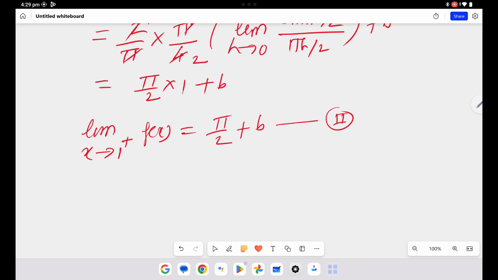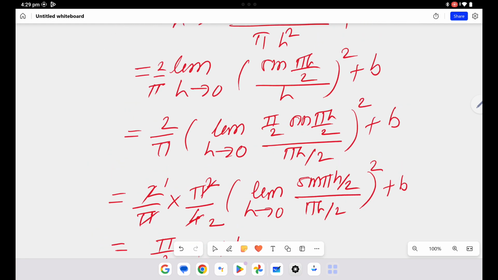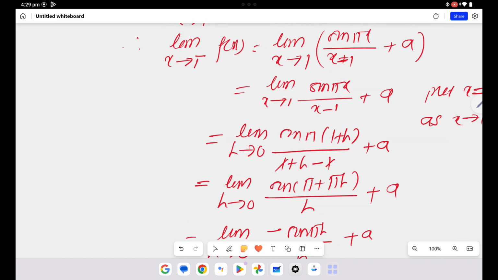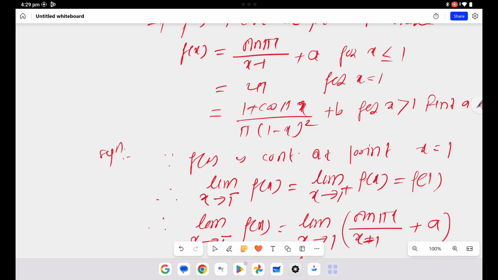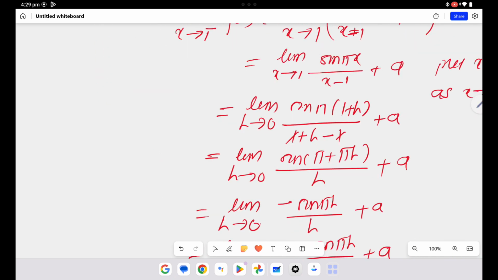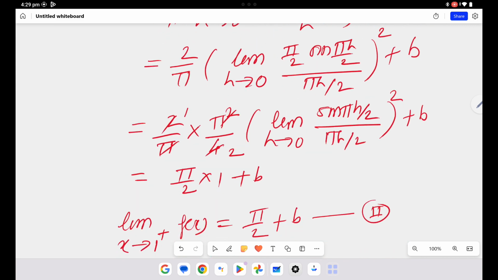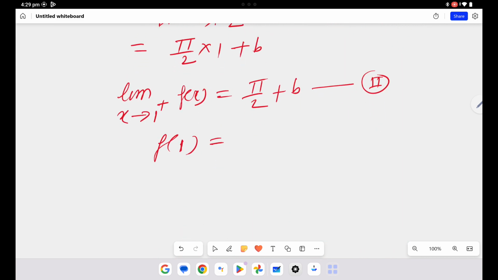Next we find here f of 1, which means x is equal to 1, and for x is equal to 1 the function is given in this problem. For x is equal to 1 the function is 2 pi. So we write here f of 1 is equal to 2 pi. This is equation number third.